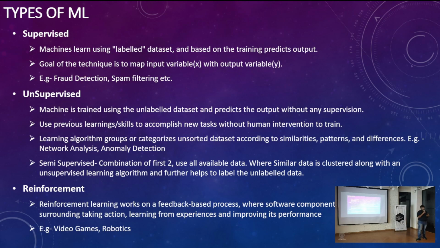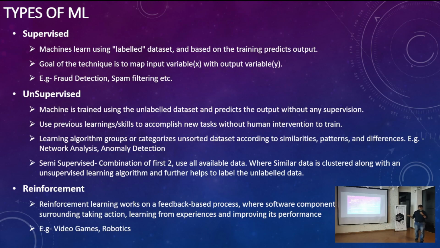Types of ML. These are the basic types available today: supervised, unsupervised, and reinforcement. Supervised machine learning is basically labeling data and feeding it to the system. So you're telling the system that this is the data you have to work upon, and its label, and based on that, the algorithms will give an output.